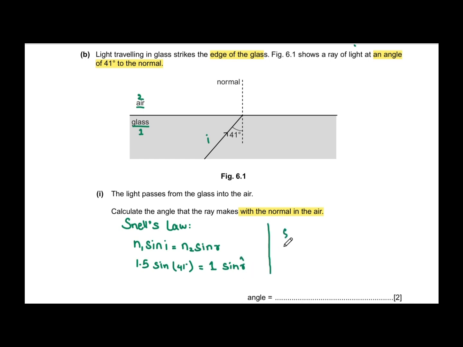Arranging all these with respect to the refracted angle, 1.5 multiplied by sine of 41 degree. I will take sine to the other side and it will be sine inverse on that side. Sine inverse of 1.5 times sine 41. Plug in all these values into your calculator. Your final answer would be 80 degrees.